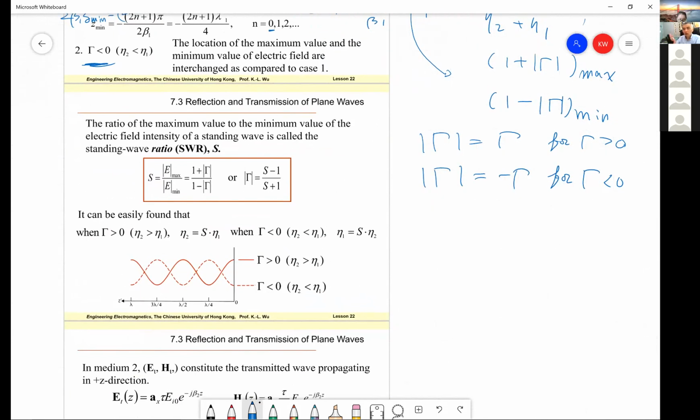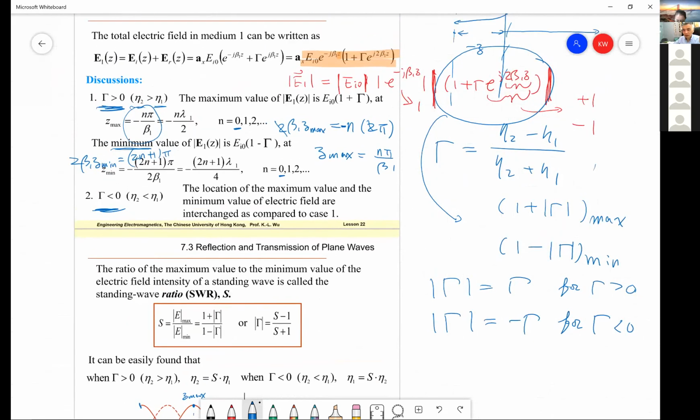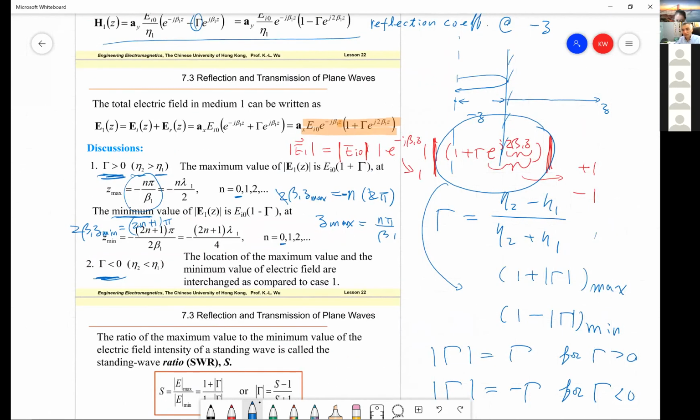So therefore, we expect the electrical field in medium 1, for gamma larger than 0, to be a maximum on the boundary, and we have another maximum, and this maximum value repeats every half wavelength, right?